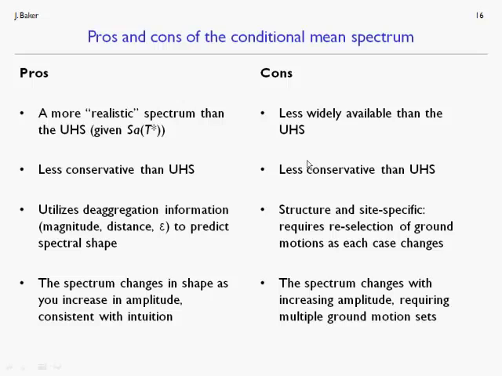However, it's an inconvenience. That changing spectral shape implies that we should have different ground motion sets for low amplitude ground motions and high amplitude ground motions. Again, there may be some additional work there rather than just taking a single set of ground motions and scaling them up and down in amplitude. So those are pros and cons. Whether the pros outweigh the cons in a given situation will probably depend on the goals of the analysis and the amount of work that the analyst is willing to do.